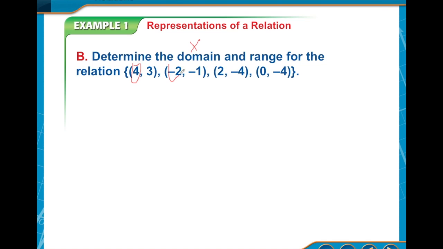Everything that comes first in your ordered pair is an x value. Those 4 are all our domain. Now our range is going to be all the y values. Range is y. And if I circle all the y values, it's just the second number in each pair. Those are your y's.